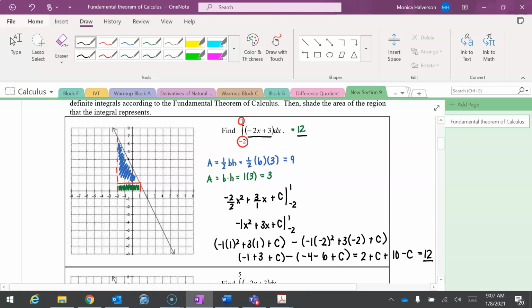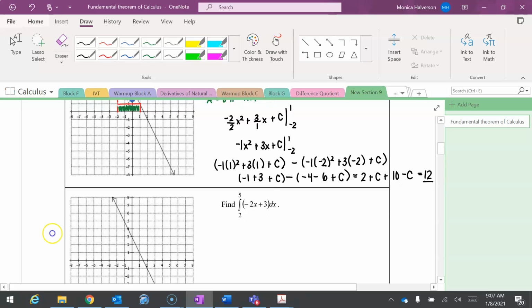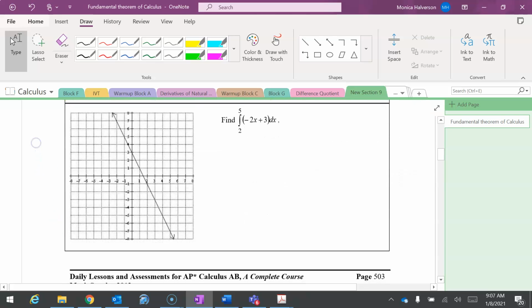All right, I would like you to do the next one on your own. Find the area of the shape created from 2 to 5, which is represented by the function of negative 2x plus 3. So from 2 to 5.